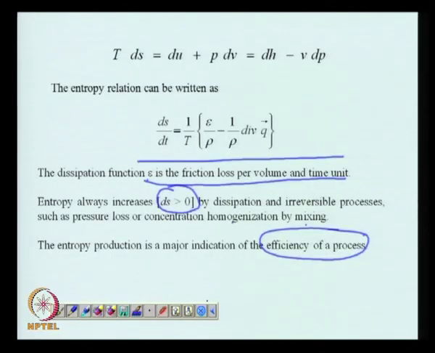In such cases, for example, in throttling, we need to minimize throttling in order to minimize entropy generation in a system. Similarly, if there is a sharp bend in the system, then the dissipation, the head loss would be much more, and the entropy generation would be more, and the process becomes less efficient.